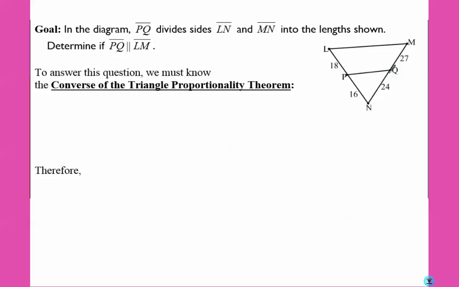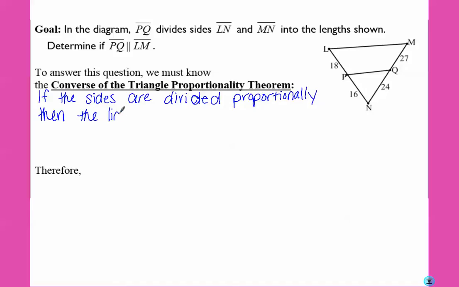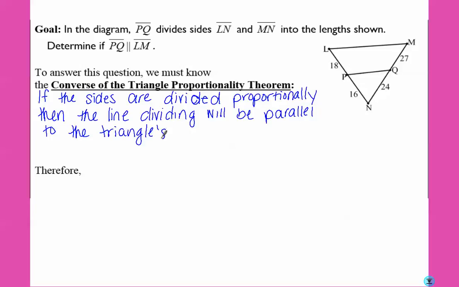So the order switches. If the sides are divided proportionally, then the line dividing them will be parallel to the triangle's side.